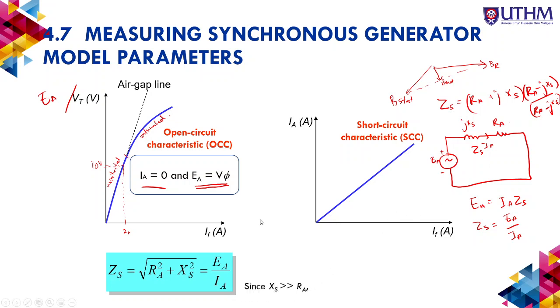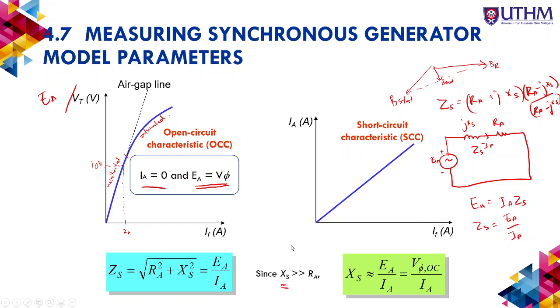So yeah, as we know previously, we normally do the assumption where we assume that XS, the synchronous reactance, is significantly larger than RA. So we can ignore RA, and the equation becomes like this.